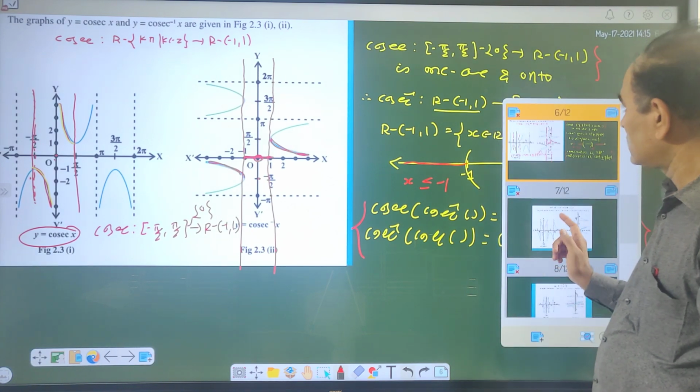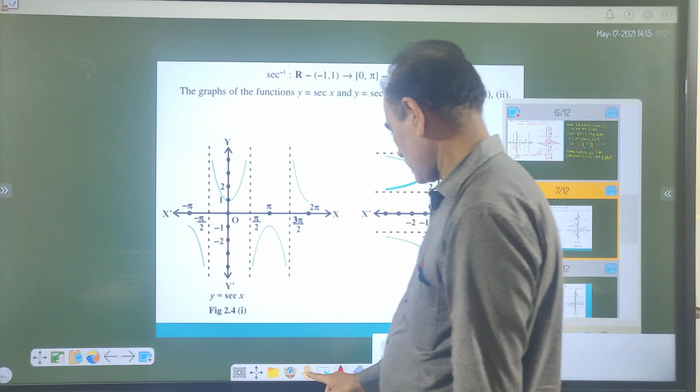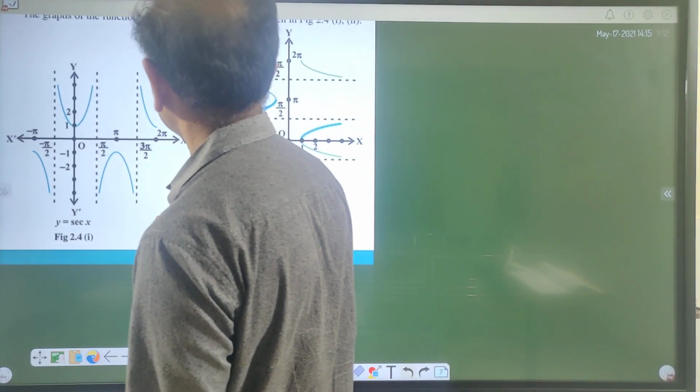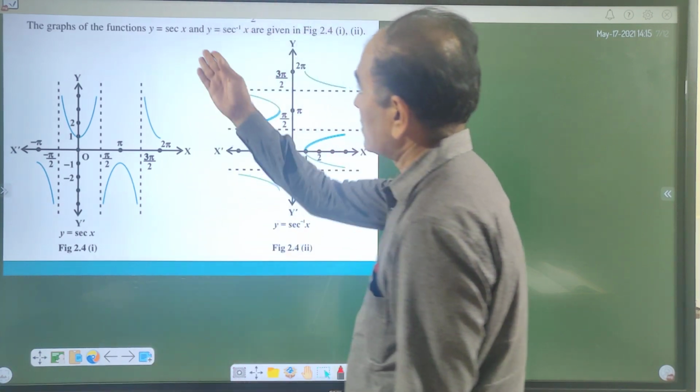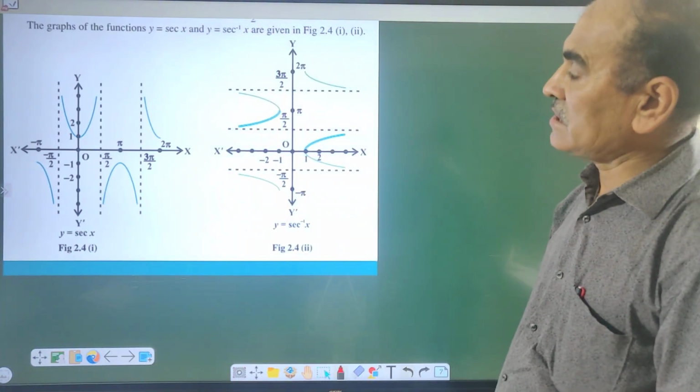Next, let us see here. This one is the graph of sec inverse x.